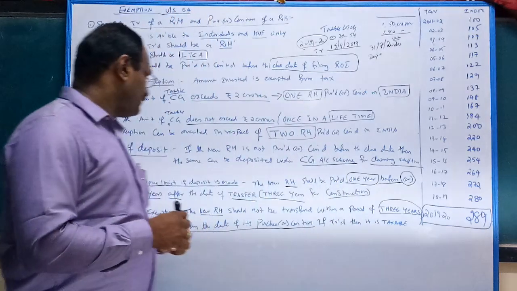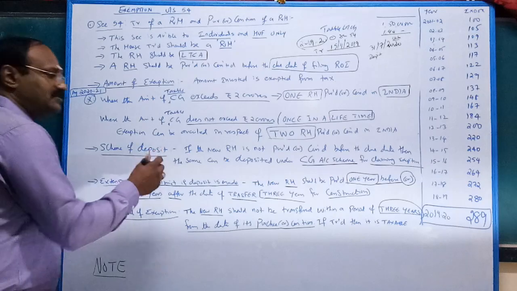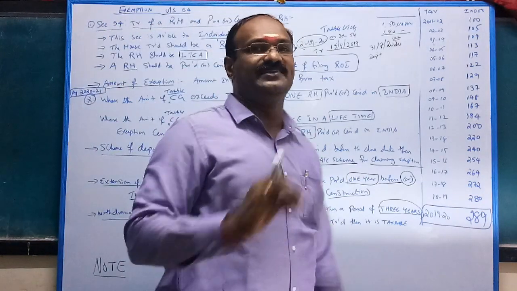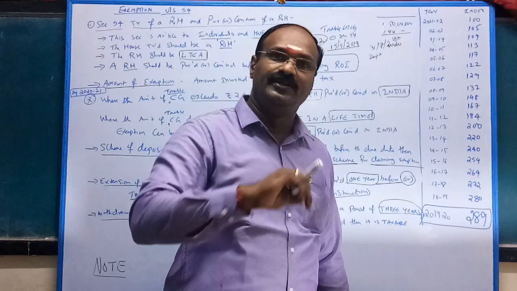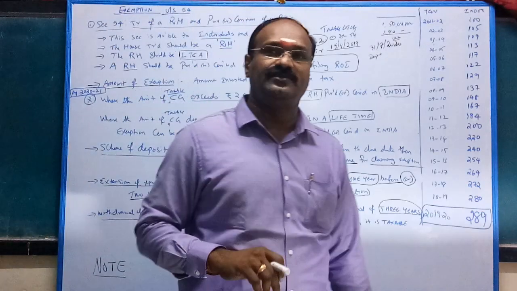Listen carefully. If you deposit in a capital gain scheme account, the scheme of deposit, because you are unable to purchase before the due date, then the same amount is deposited in the capital gain scheme account. Once you deposit it, there is an extension of time limit, 2 years for purchase, 3 years for construction.